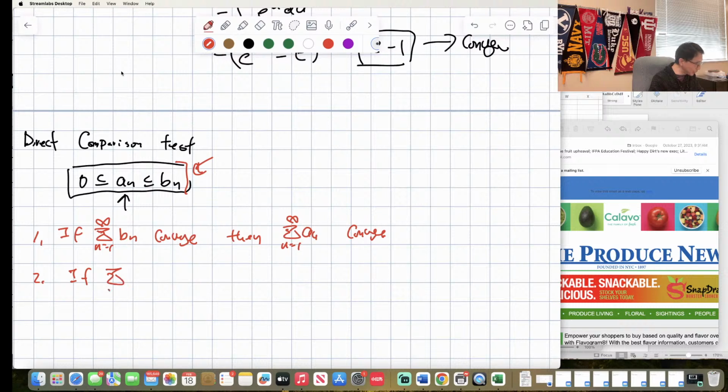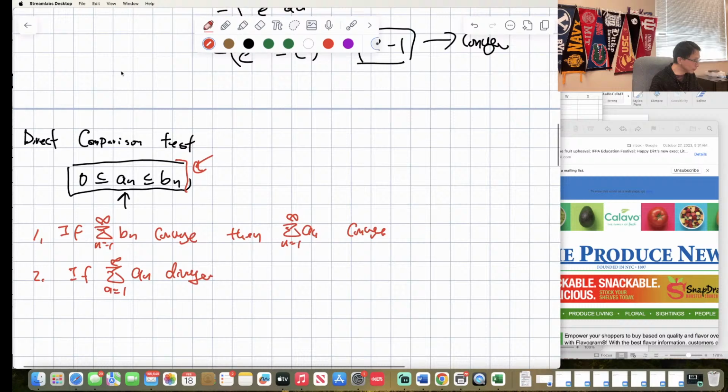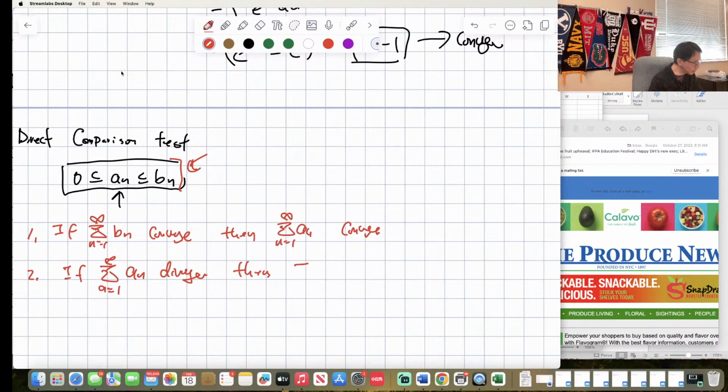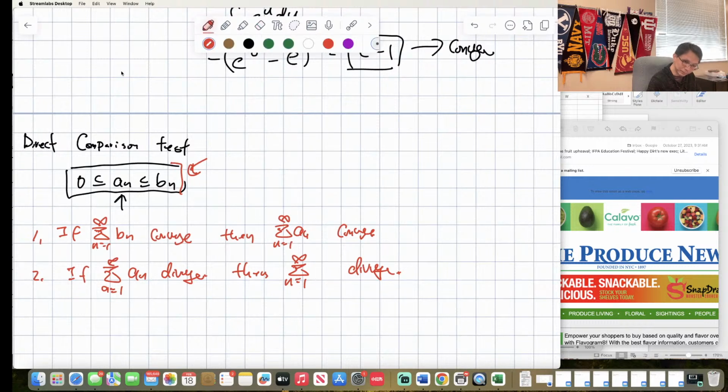If the sum from n equals 1 to infinity of An diverges, then the sum of Bn must diverge as well. Oh, sorry, the second one's Bn. So if the smaller series diverges, the bigger series must diverge.